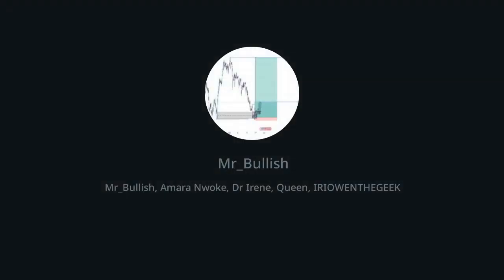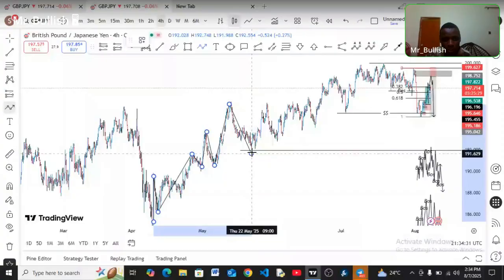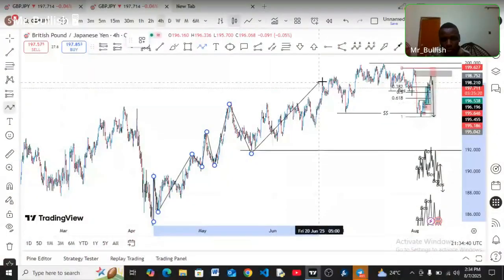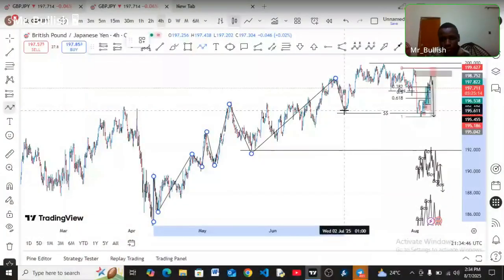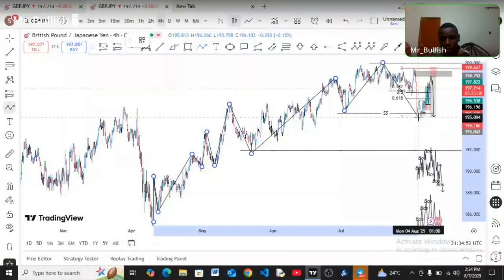Then from here, this one will not count as a trend, like I won't add it, because it failed to close above this. So I will just put it here. From here it came down to this point again, and it came up to this point, down to this point, and I believe from here the market is going down.